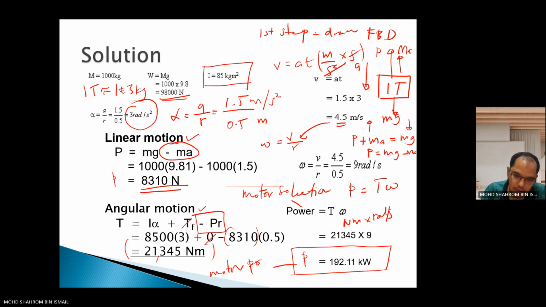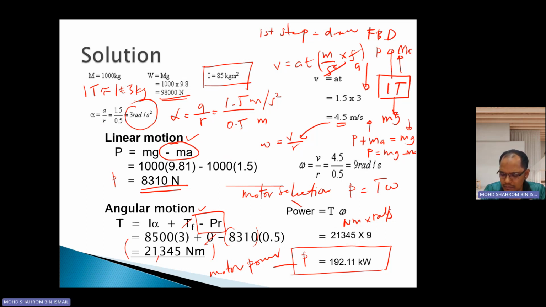Motor power. For you being an engineer, you have to select the suitable motor to support this kind of case. So for this case, the motor is supposed to be around 192 kilowatt in order to support a weight of about 1 ton.